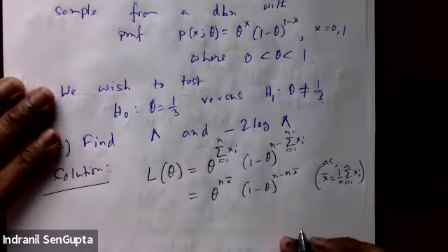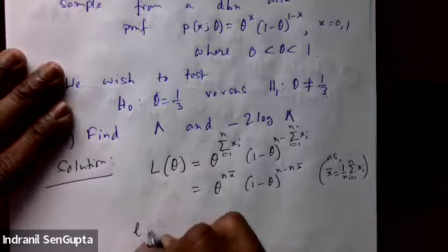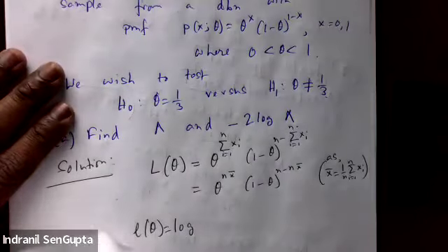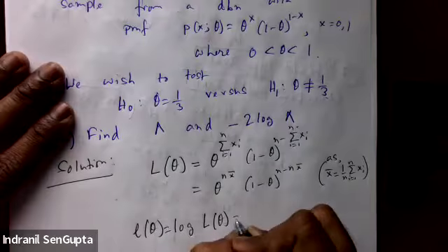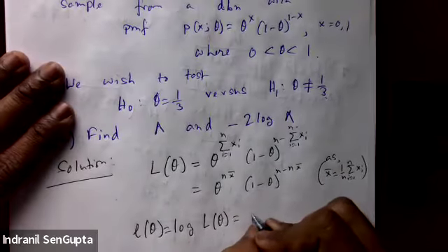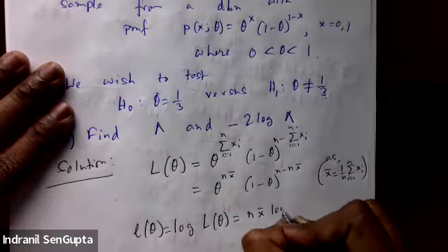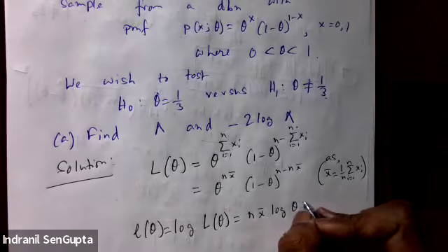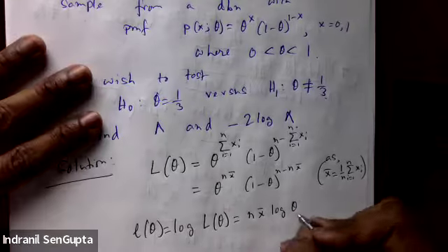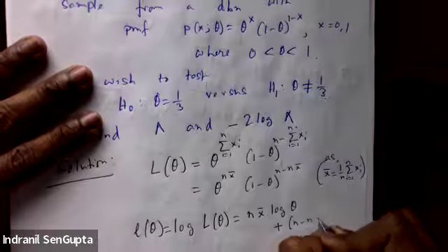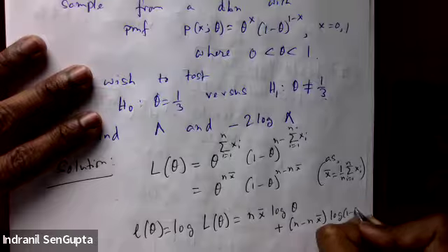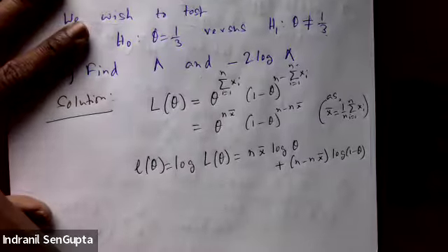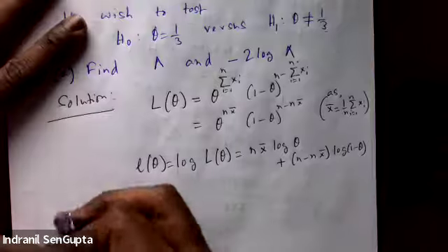Okay. So therefore, my log of L theta would be basically n x bar log of theta plus n minus n x bar log of 1 minus theta. So that is the log likelihood. Also, I'll not show it, we have done this before.